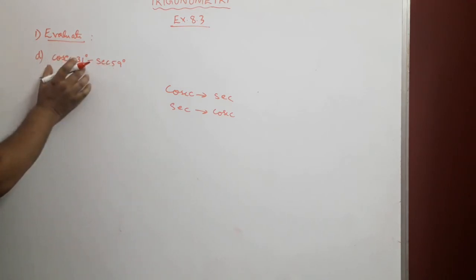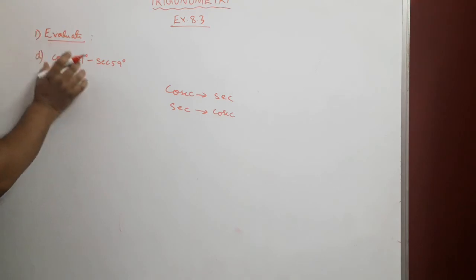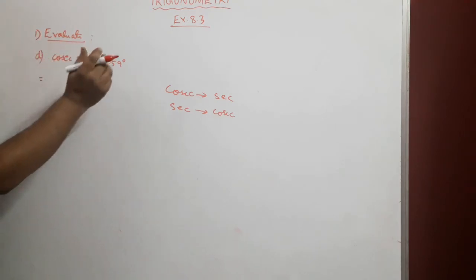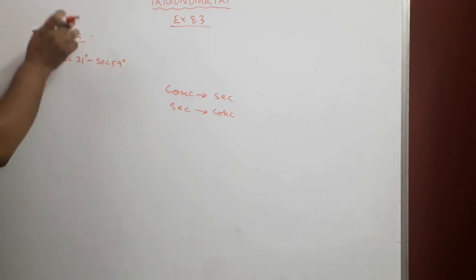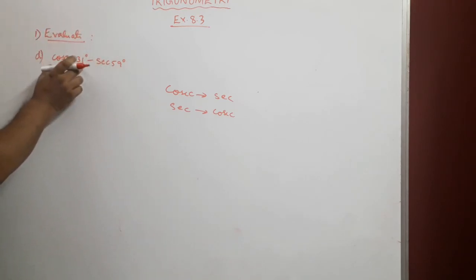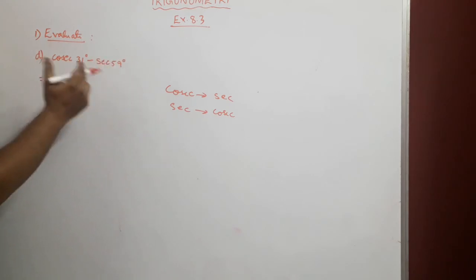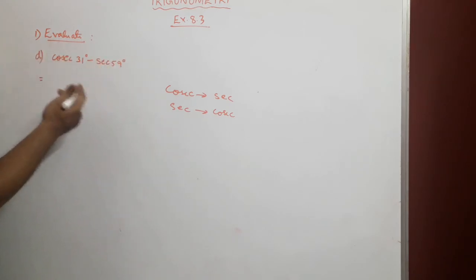Here again, we can either choose to change the first term or change the second term. Since in the previous problem I had changed the first term, this time let us try the second term and see if we get anything different.